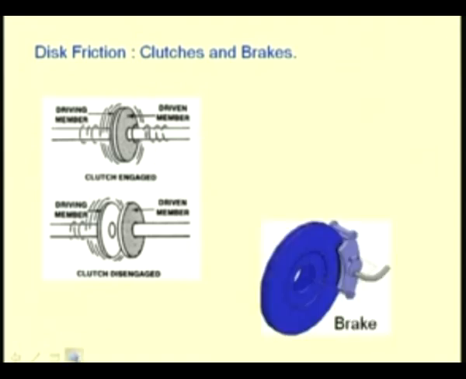The other application is in braking. Here you see this disc which is attached to the wheel of an automobile and a braking pad, or what we call braking shoes, which when engaged will apply a normal force on this disc, and the friction between this pad and this disc will resist its rotating motion, thereby bringing this disc to a standstill.